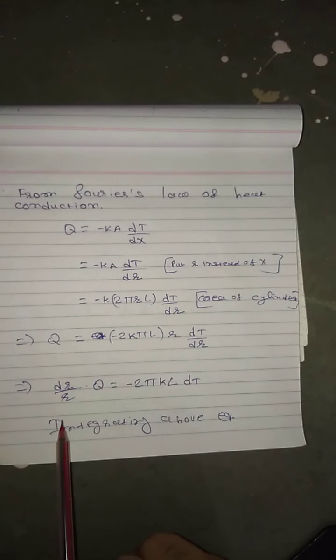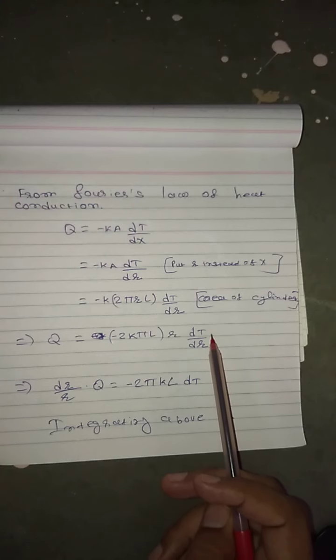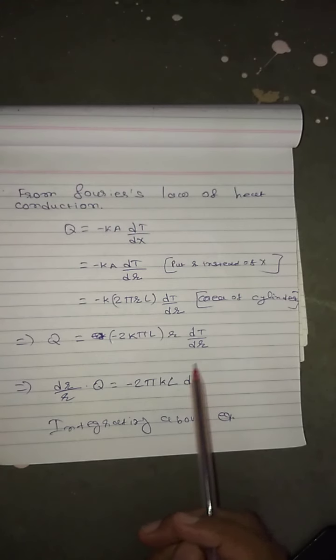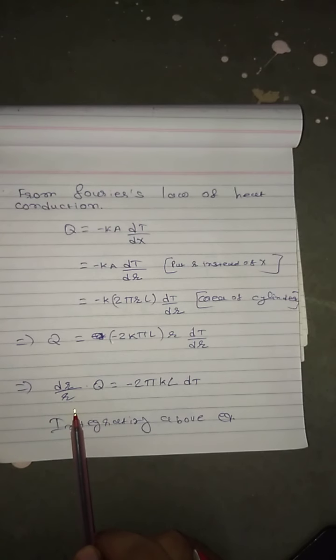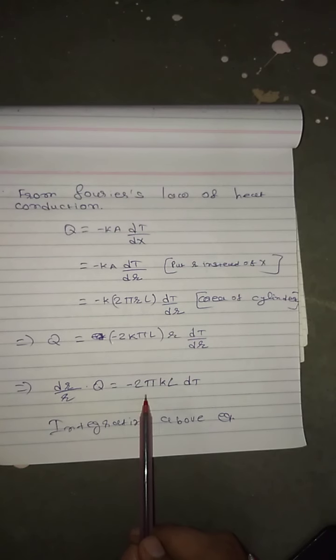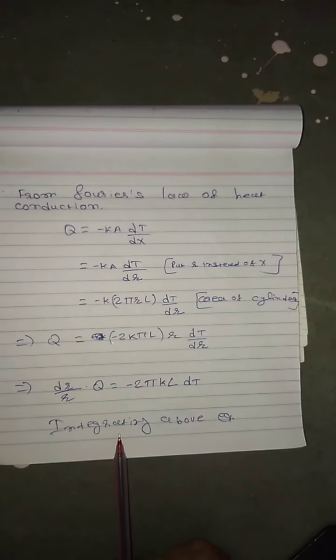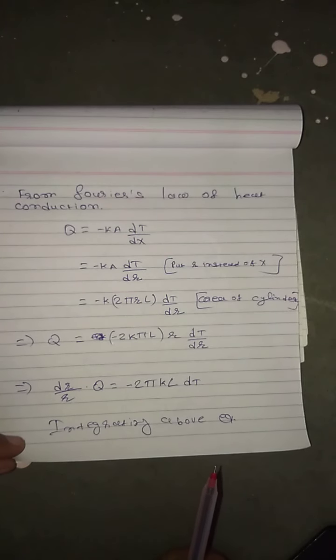Now we have two variables, one is T and the second one is r. So we are separating these two variables and we can rewrite our equation like Q into dr upon r is equal to minus 2 pi kL into dT. Now integrating both sides in the above equation.